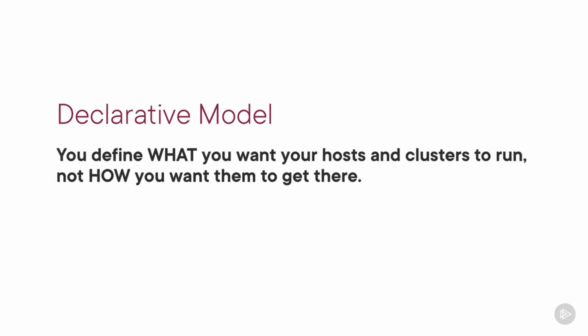Now, vSphere Lifecycle Manager uses what they call the declarative model. So what is a declarative model? Well, the idea here is that you define what you want your hosts and clusters to run, specifically the version of ESXi, let's say in this case, not exactly how you want them to get there. What that means to you is that vSphere Lifecycle Manager is going to make your life far easier.